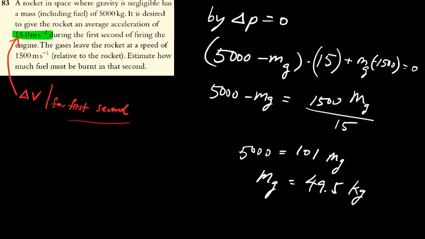So if you want an average acceleration of 15.5 meters per second squared for the first second, that basically means the velocity goes from 0 to 15.5 meters per second after that 1 second, simply.